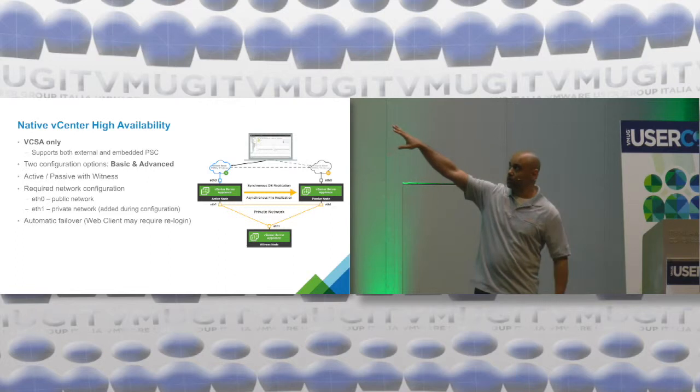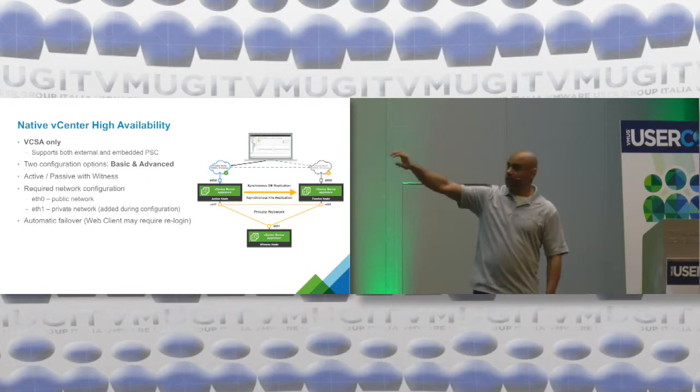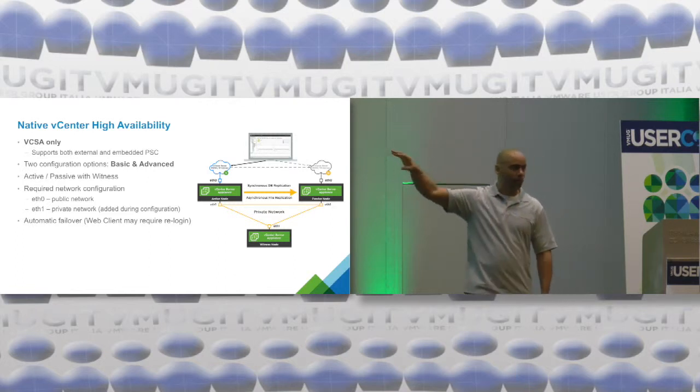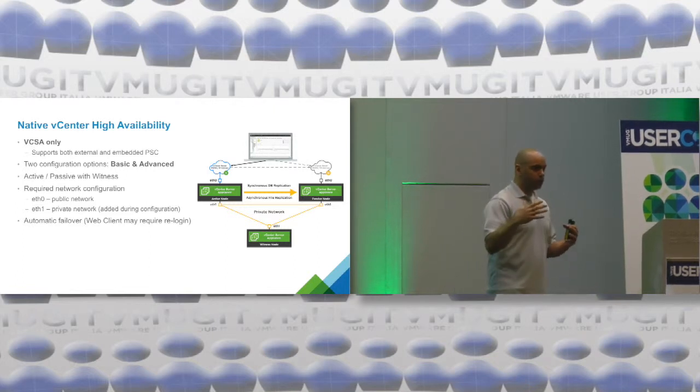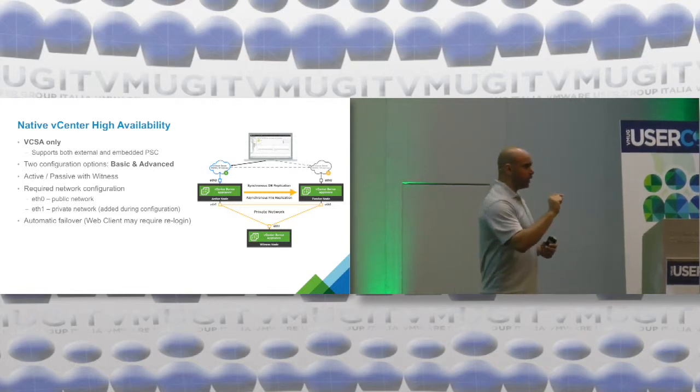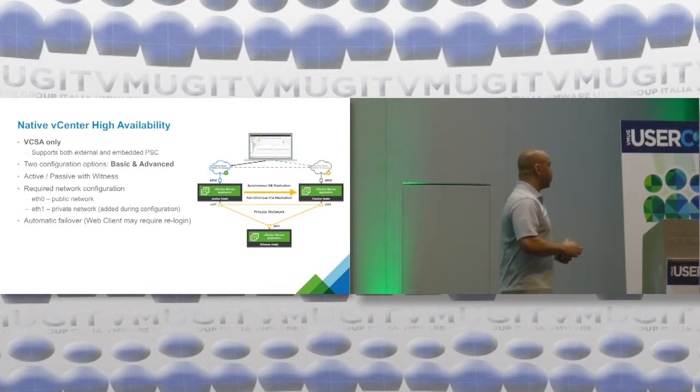The first one becomes the passive node. The second one becomes the witness. Now the witness is a smaller footprint. Same number of disks, but after we deploy it, we shrink it down to 1 vCPU and 1 gig of memory.